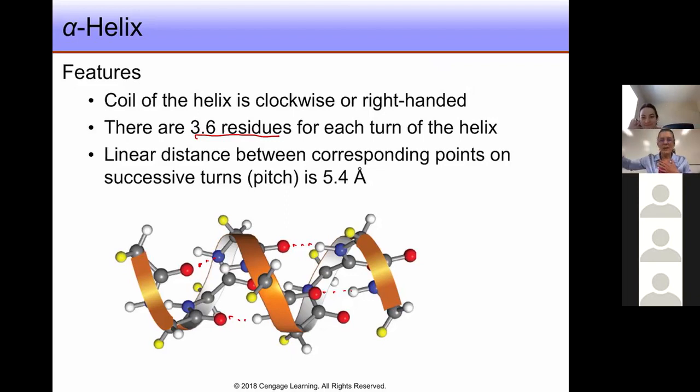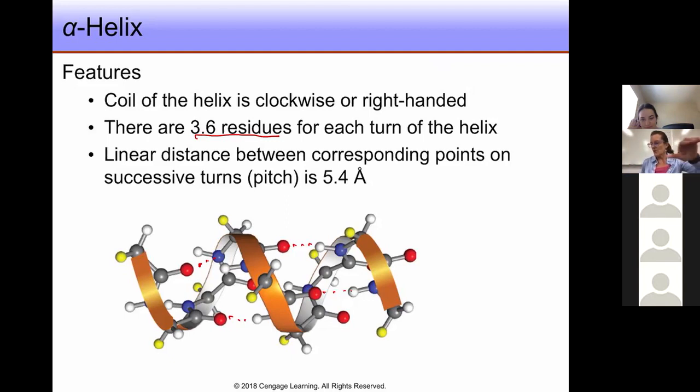So if you look at this helix, use your right hand and point your thumb down the barrel of the helix, your fingers will curve in the direction of that ribbon. Try it with your left hand.